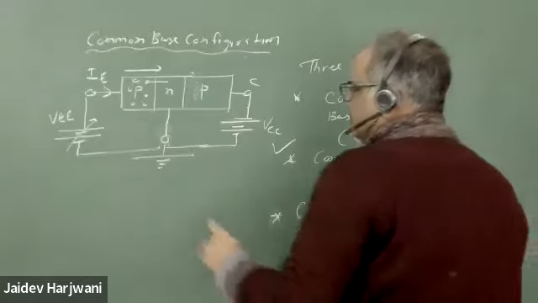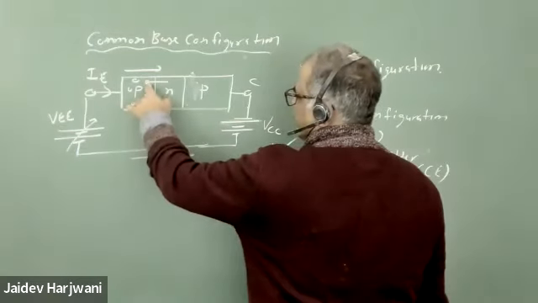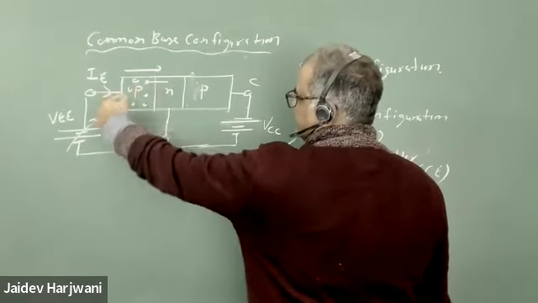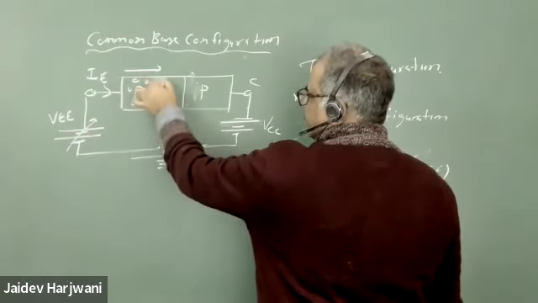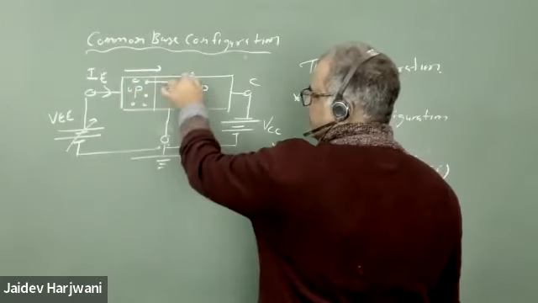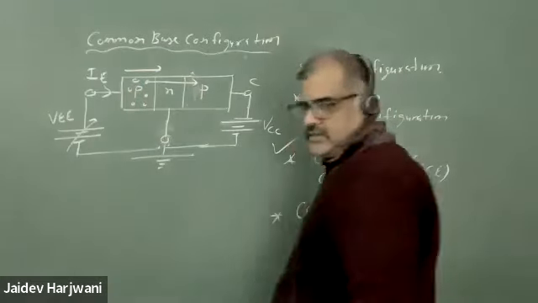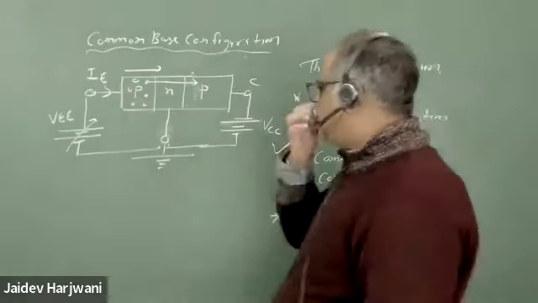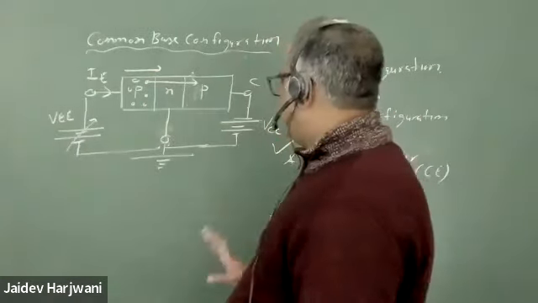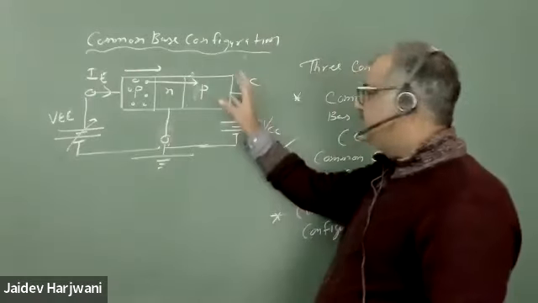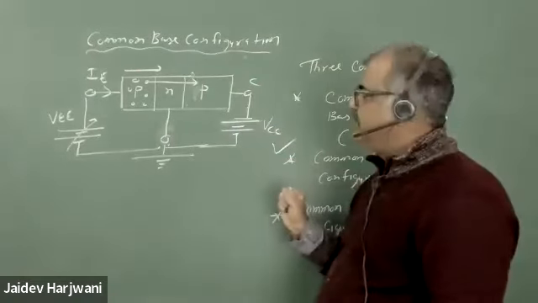Now these holes will move. The emitter injects holes here, and these holes move from this side to this side, because the base thickness is very small. So most of the holes we are injecting will reach the collector, and since the collector is reverse biased, it will collect all the holes.